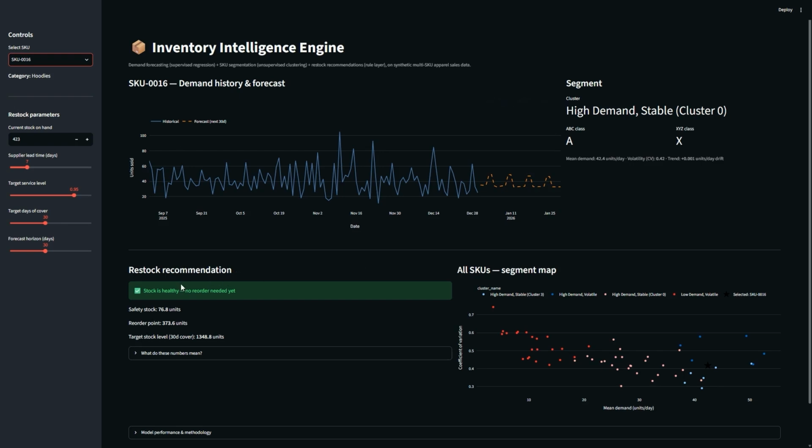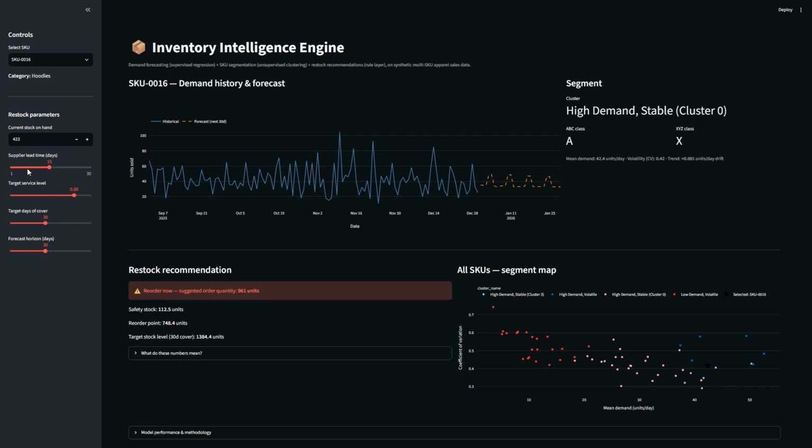The bottom left is the restock panel. Now, the part that actually matters operationally. If I bump the supplier lead time up to say 15, as you can see, the safety stock and reorder point update live, like it changes in real time as I change these parameters.